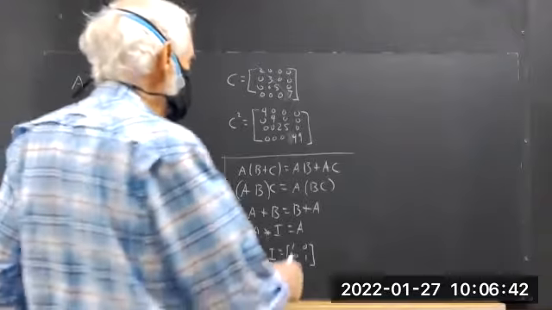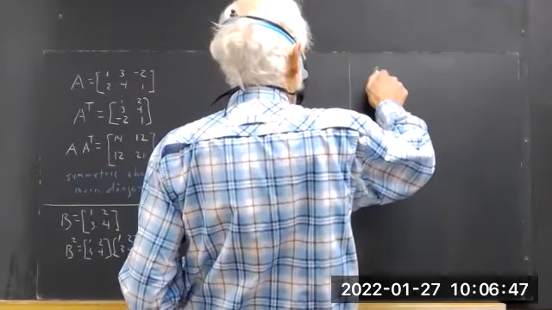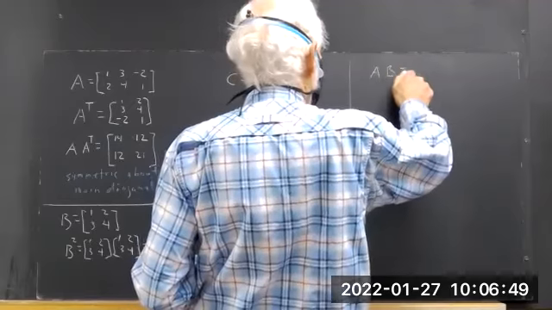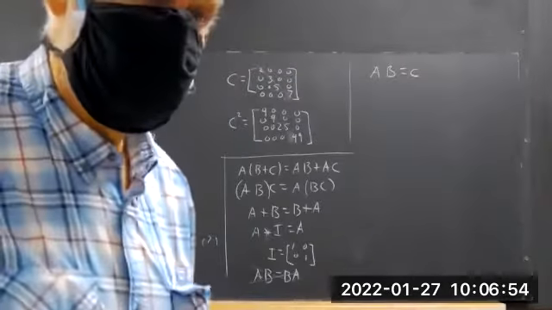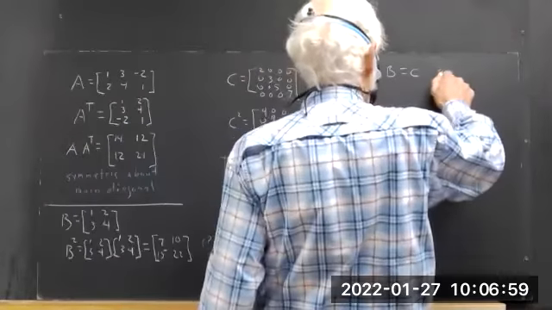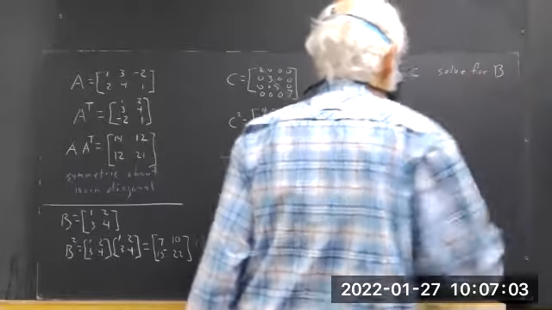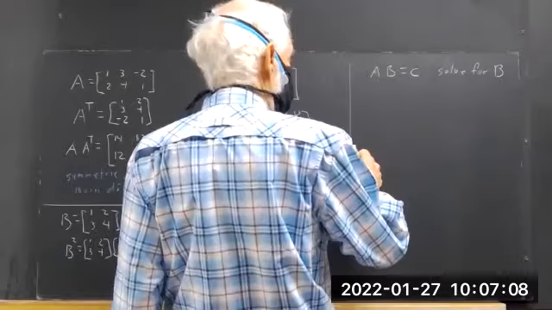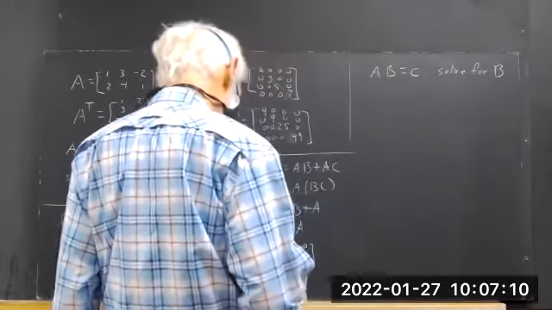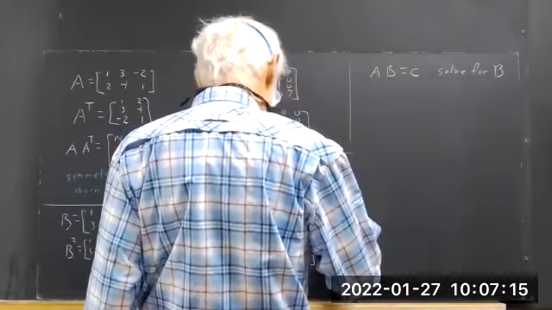Now, another big deal is you can have a matrix equation. Equation AB equals C. Okay? And let's say you want to solve for B. Okay, well, we'll write one more property down here.